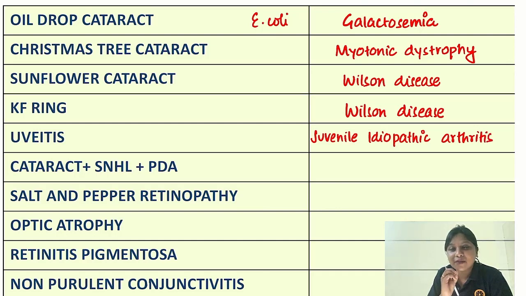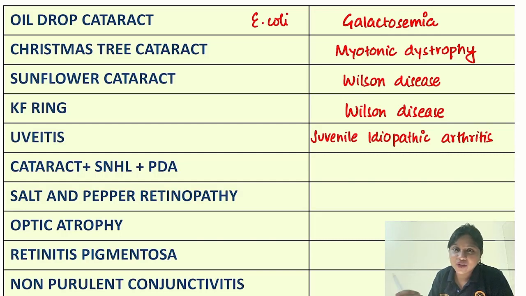Because the most common eye manifestation in JIA is uveitis. Now, JIA has various subtypes. Oligoarticular JIA, oligo means less than 4 joints, will have asymptomatic uveitis. So you can only detect it by screening.